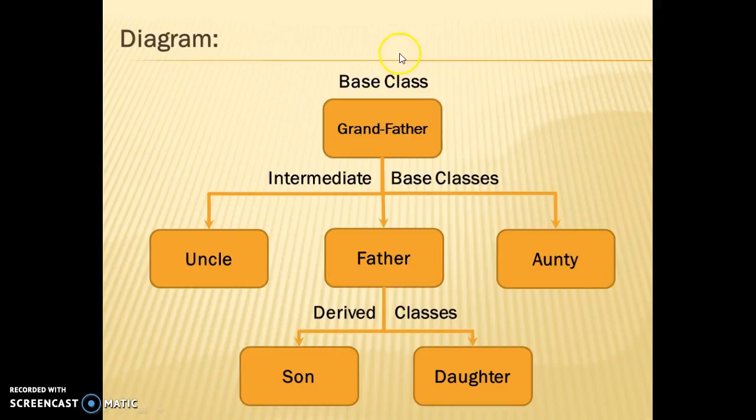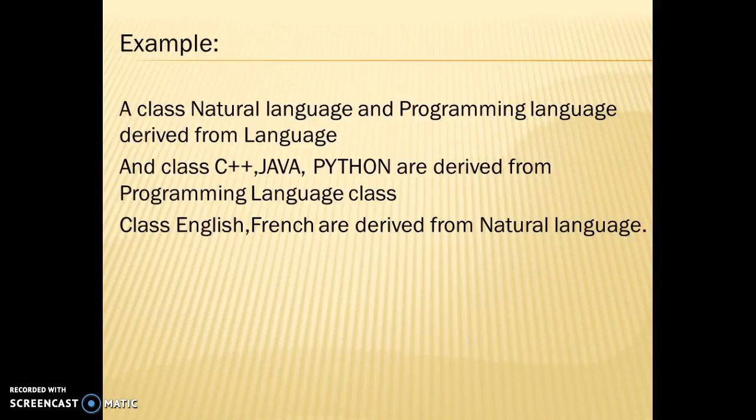So indirectly we can say that the characteristics or features of the grandfather are also passed on to the grandson and granddaughter. This is very easy to understand the concept of hierarchical inheritance.